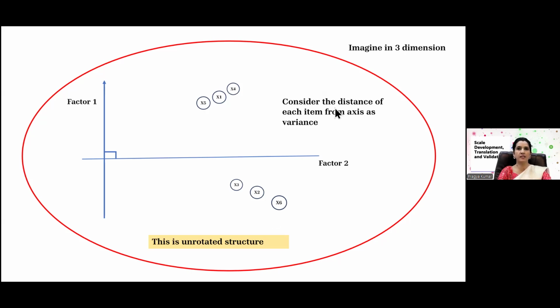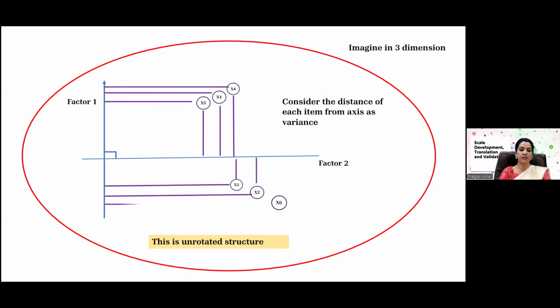Now consider the distance of each item from the axis, because we have discussed that this is error. It is a 2-factor structure, so this is the axis of factor 1 and this is factor 2. You calculate the distance of these from the axis, like the x and y components. For the X3 item, this will be your y component and this will be your x component.